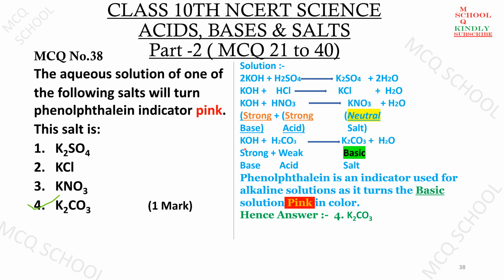The fourth one is potassium carbonate, which comes from potassium hydroxide and a weak acid. Hence potassium carbonate is a basic salt. So in this case, the phenolphthalein would show its pink color with the aqueous solution. Hence the answer is 4, potassium carbonate.